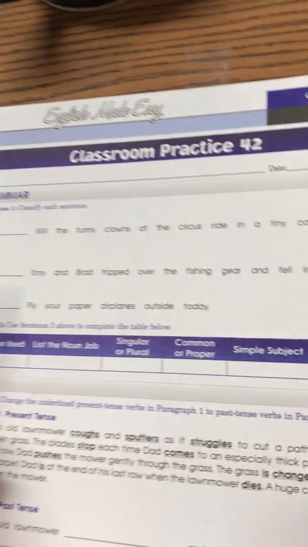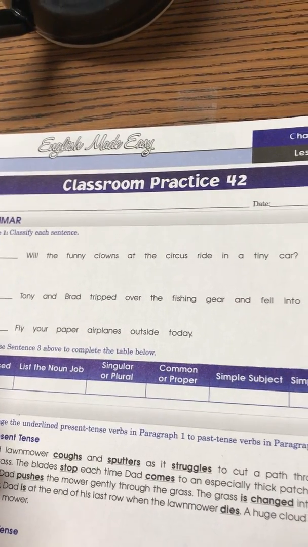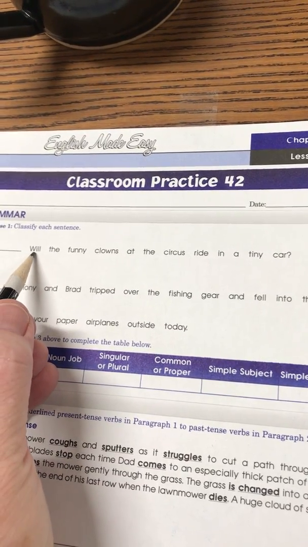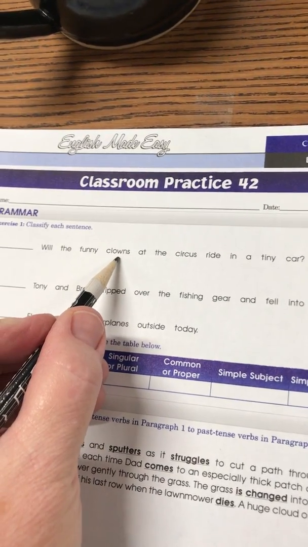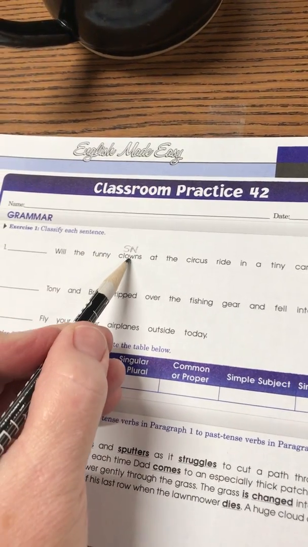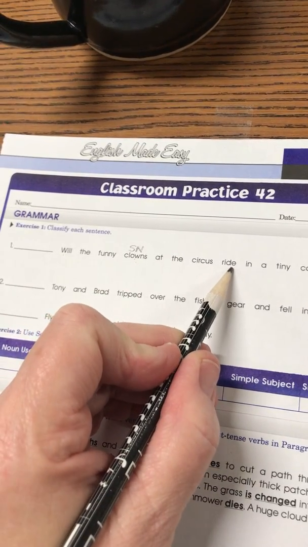We're going to do sentence number 1. Will the funny clowns at the circus ride in a tiny car? Okay, so who will ride? Clowns will ride. There's your subject noun. What will the clowns do? Will ride.